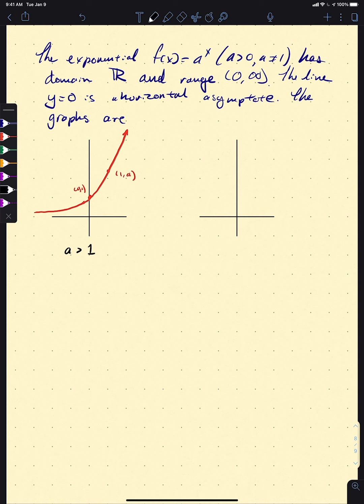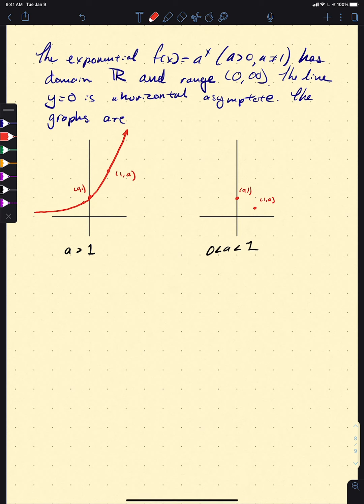It tells a very similar story if a is between 0 and 1, right? Anything to the 0 is still 1, so (0, 1) is on our graph. Anything to the first power is still that original number, so a to the 1 is still a, but remember, a is now less than 1. So this is (1, a).